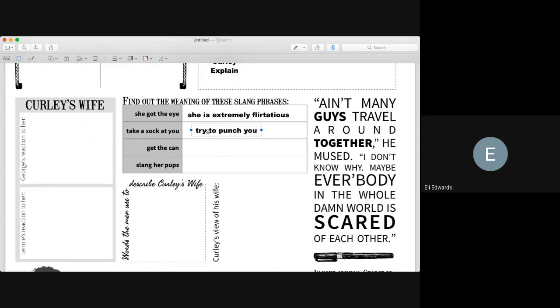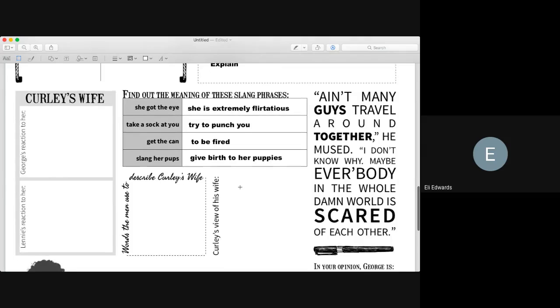It doesn't mean they're going to bring socks that you wear on your feet. "Get the can," you've probably heard that one before, means to be fired. And "slang her pups" is talking about the dog, so that means give birth to her puppies. It's not Candy's dog, but a different dog that just had puppies.